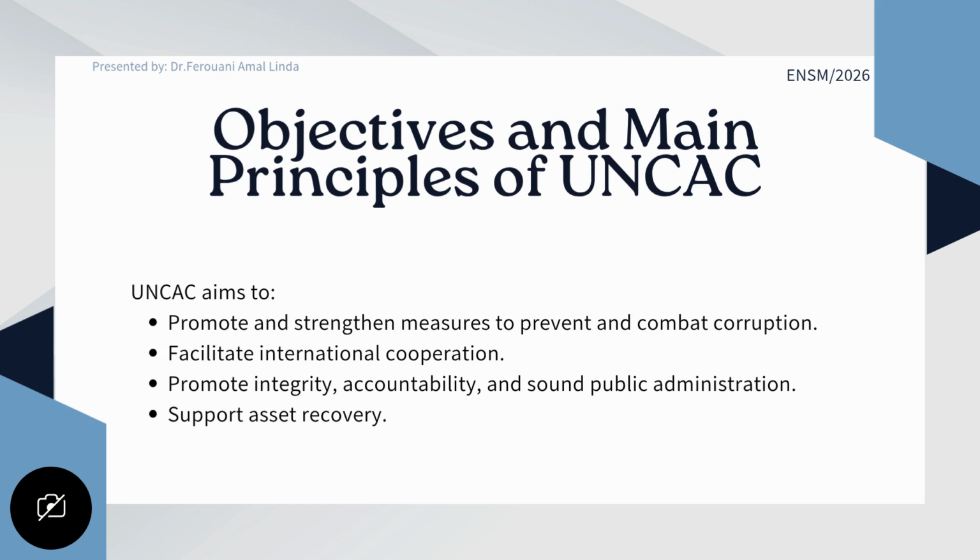Finally, UNCAC promotes integrity, accountability, transparency, and sound public administration while emphasizing the importance of recovering assets acquired through corrupt practices. These objectives are reflected in the Convention's principal pillars, which constitute the final substantive component of today's lecture.